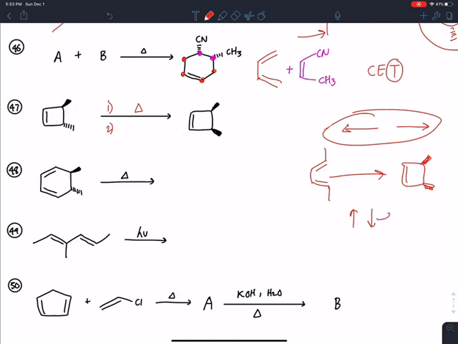If I go counterclockwise on this and clockwise on this, they would face the same way. So I just want this to go disrotatory. How do I make it go disrotatory when it's even? That's dep. I have to put it in photo. So the second step has to be light. If you do it the other way, light first, then heat, that would also be the answer. If you have questions about this, if this is too weird, I'll go over it in class again.